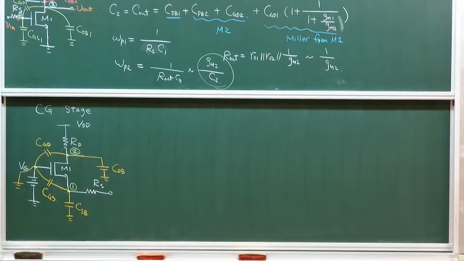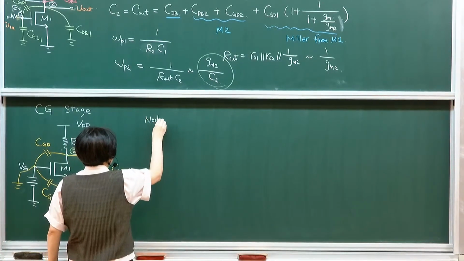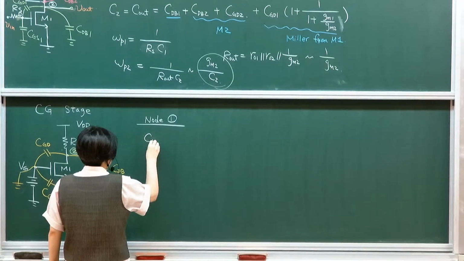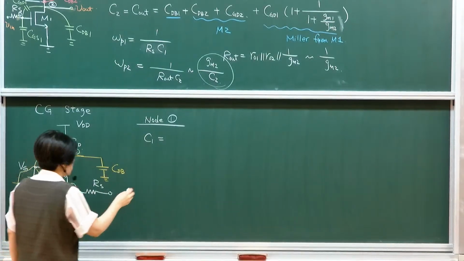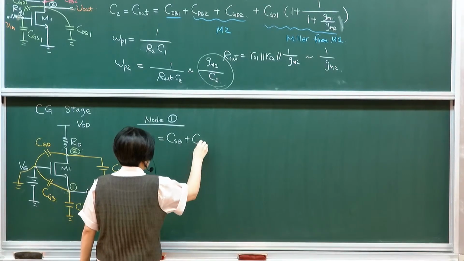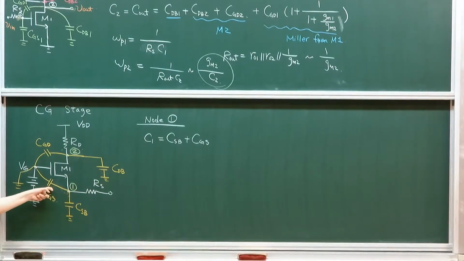If I want to do C1 for node 1, the input node, the total capacitance will be CSB, junction capacitance, plus CGS. This is grounded, so these 2 capacitances are in parallel. You simply add them up.